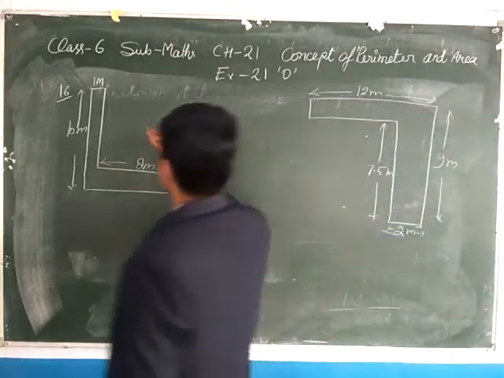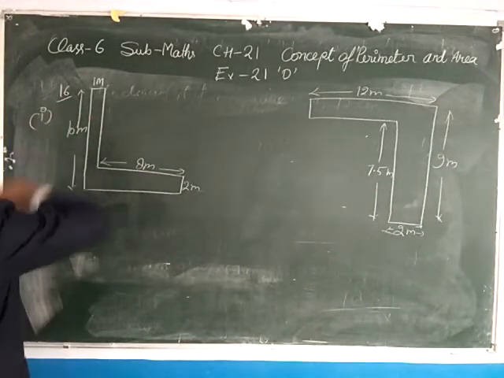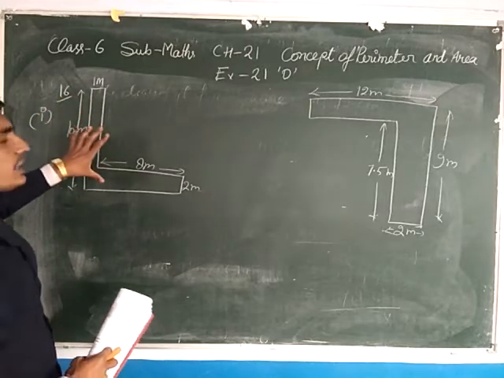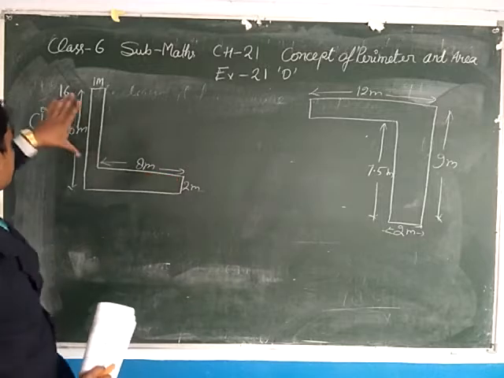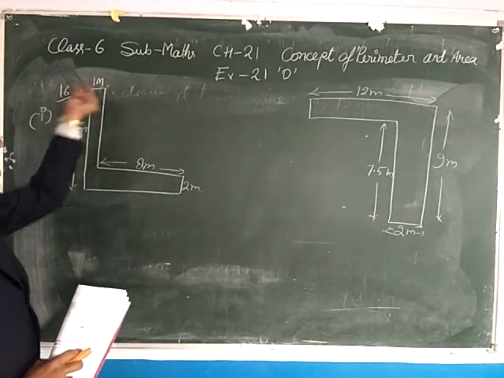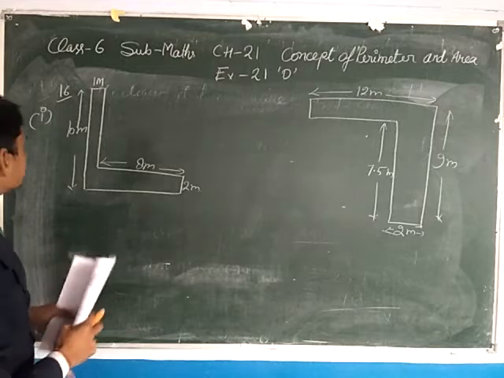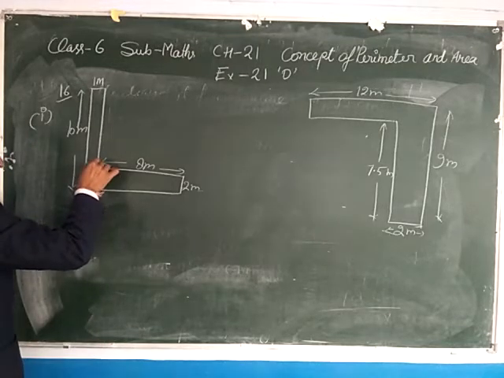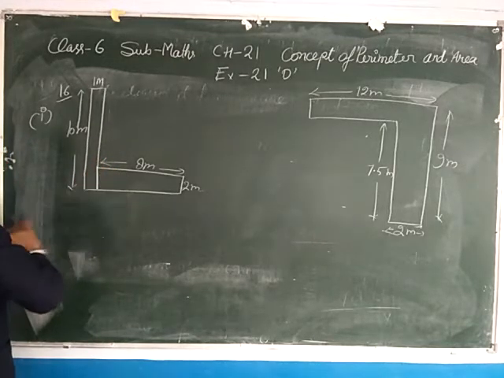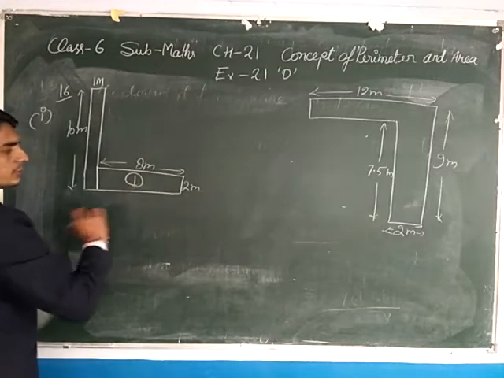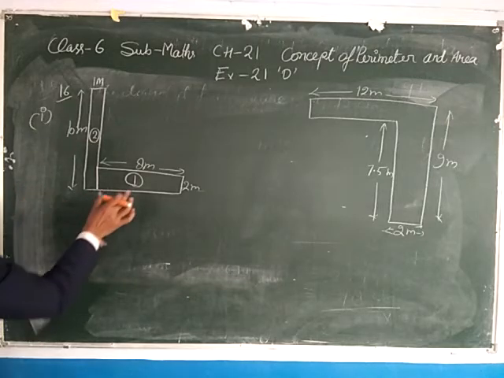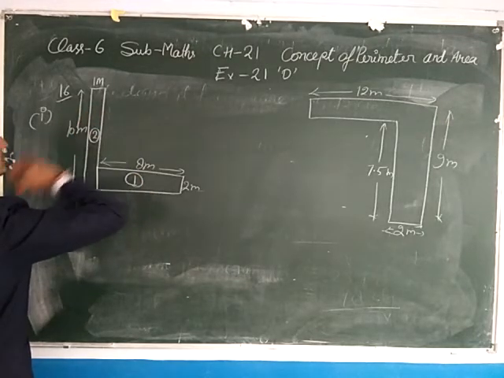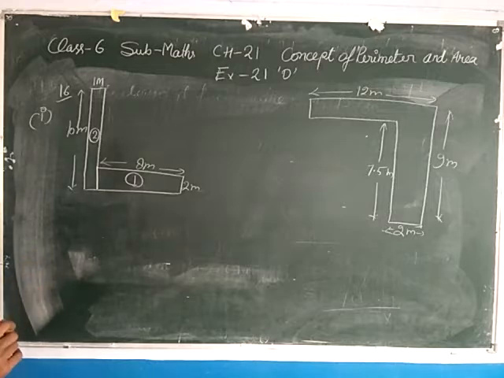The first part of question number 16 has this given figure. This length is 8 meter and this breadth is 2 meter. This length is 10 meter and this breadth is 1 meter. Suppose we meet here straightly. So you have this one rectangle and this also a rectangle. Suppose we take this as part one and this as part two, and you have to find the area of the shaded region.